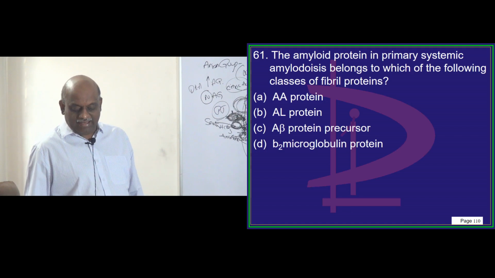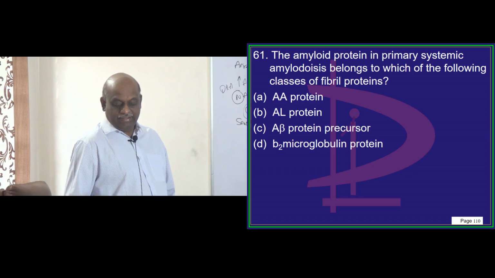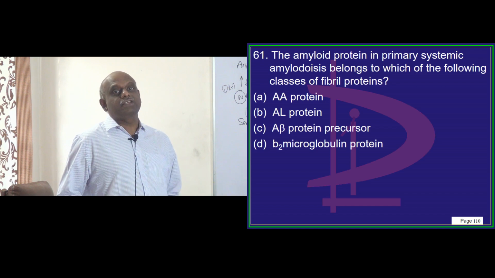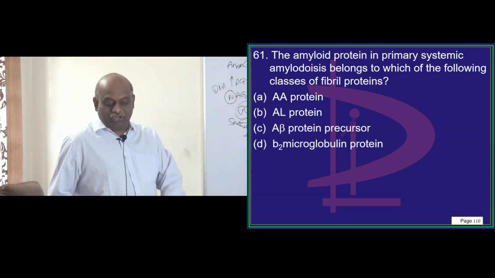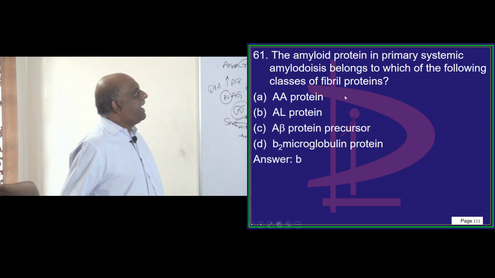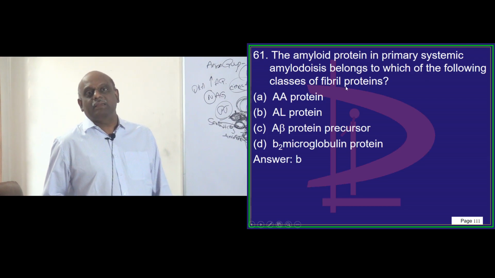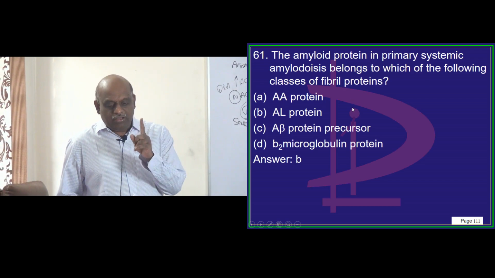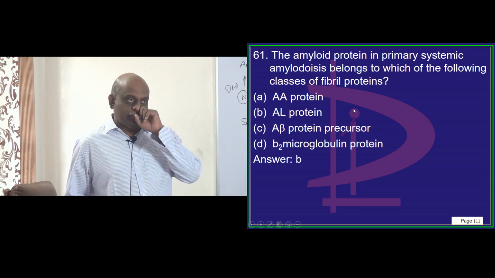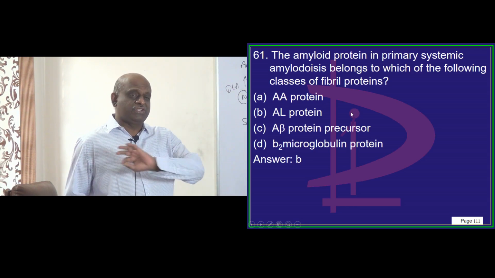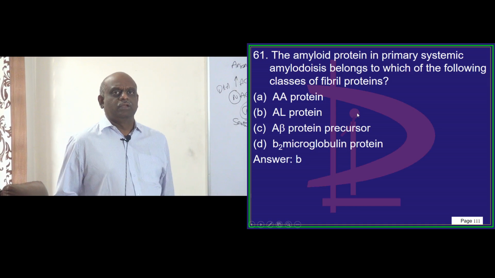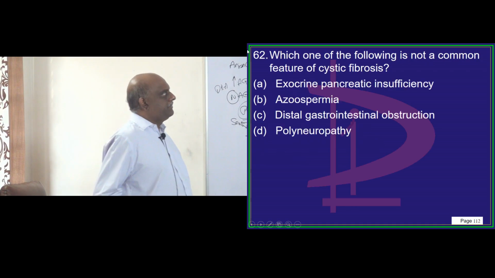Everyone thinks AL. Very good. So, AA versus AL. That is the same confusion for all the students. It is AL, doctor, primary systemic amyloidosis. If you get it wrong, you just need to take a chance. Amyloidosis is a sure short topic for the NEET PG exam.